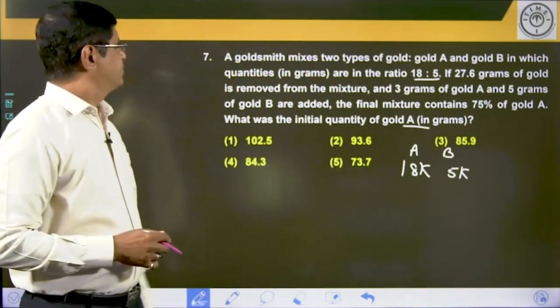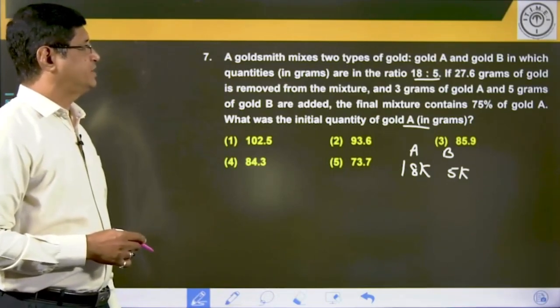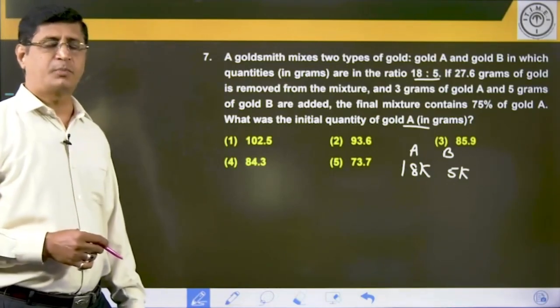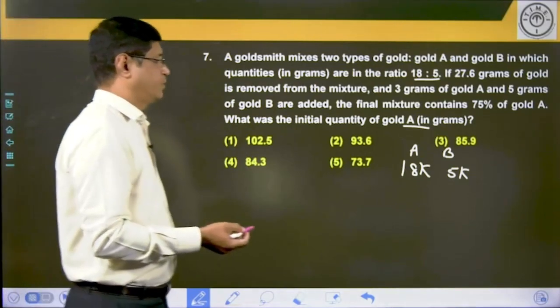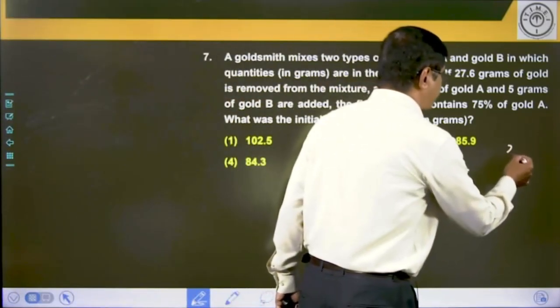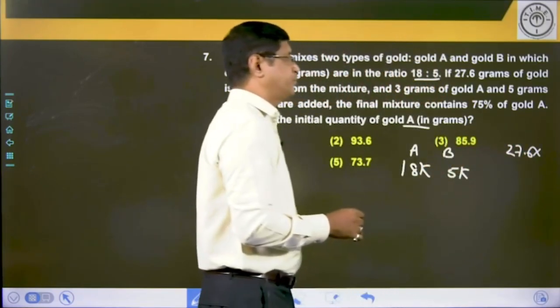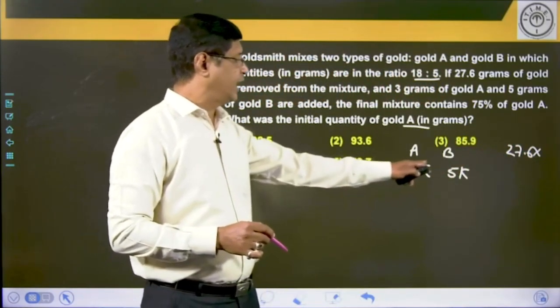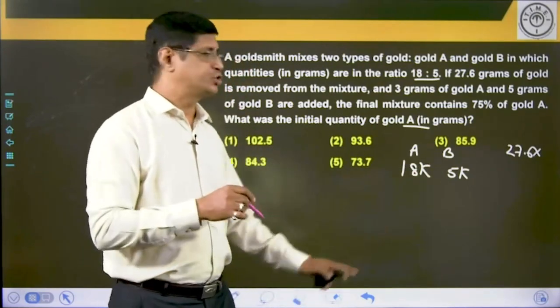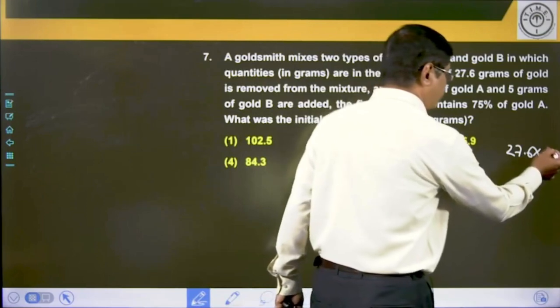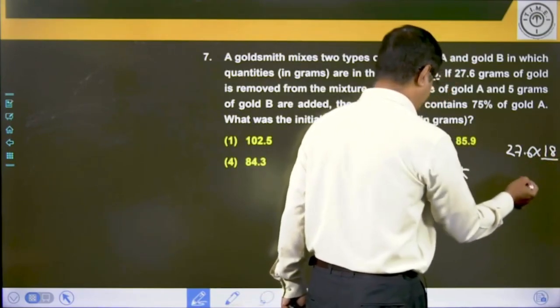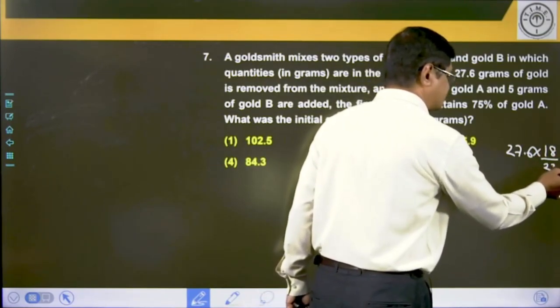Now from this, 27.6 grams of gold is removed. 27.6 grams are removed means in that 27.6 grams gold A and gold B are in the ratio 18:5 only. So here what is the gold A quantity means 18 by sum of the ratios.